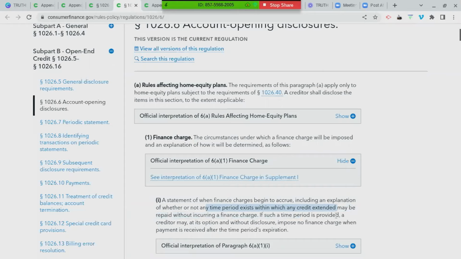So if such a time period is provided, a creditor may, at its option and without disclosure, impose no finance charge when payment is received after the time period's expiration.